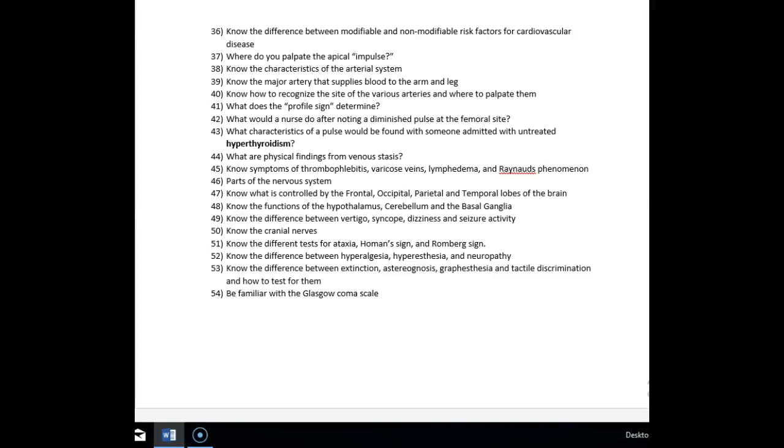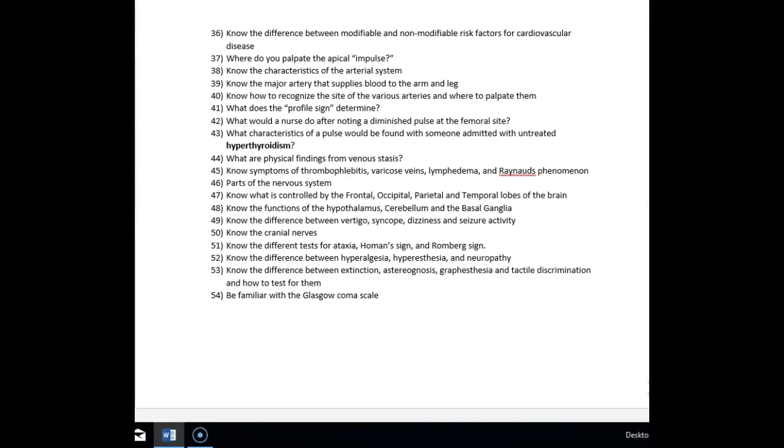The reason why is that if there's a bruit, that means there is turbulent blood flow, and that indicates some type of partial occlusion. It's a good thing to do initially, even before you pull out the ultrasound.